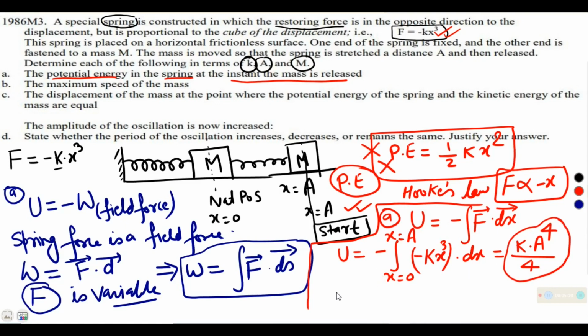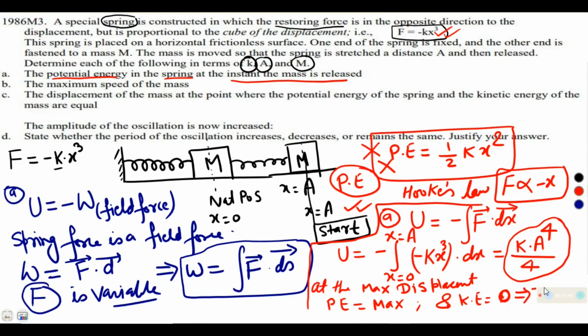So this is the potential energy at the maximum displacement. Here we can also note that at the maximum displacement, potential energy is maximum and kinetic energy is zero.